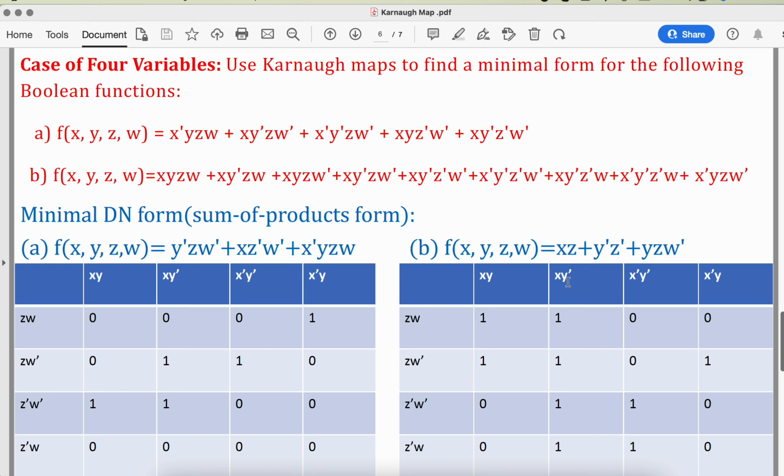X Y' Z' W', this term, so it is 1 here. X Y' Z' W, so this is 1.